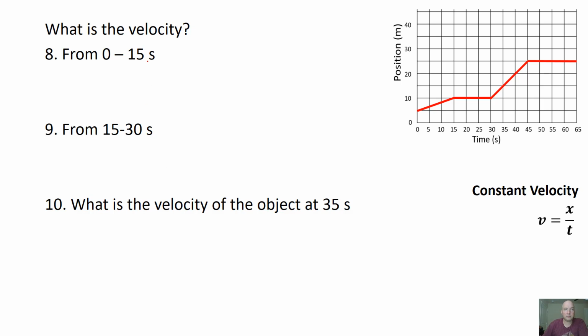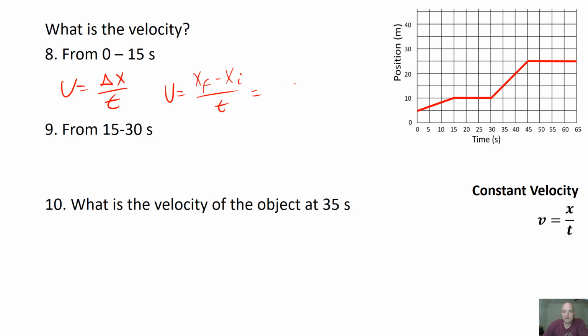Okay, what is the velocity from 0 to 15? Now you have position time. You're going to have to use the information off of this and get a givens list that's going to help you solve the question. So for the velocity, just a reminder, v equals delta x over t, change in x over t. Another way of stating that is v equals x final minus x initial over time.